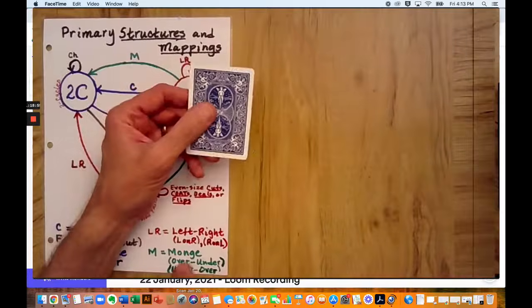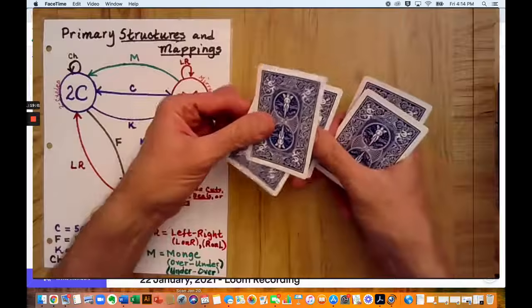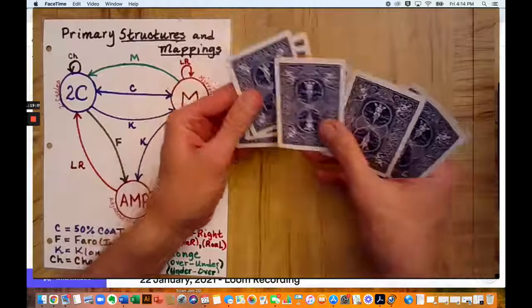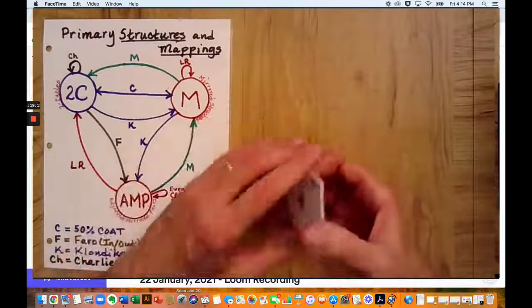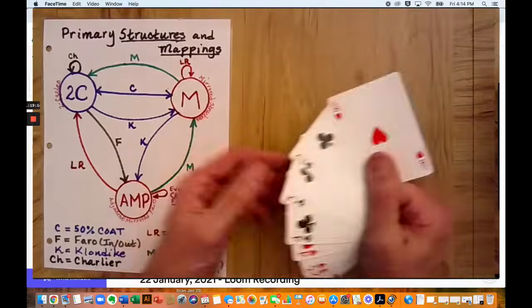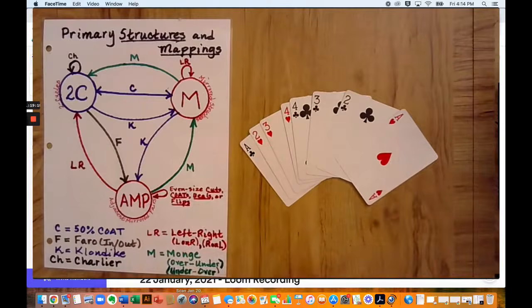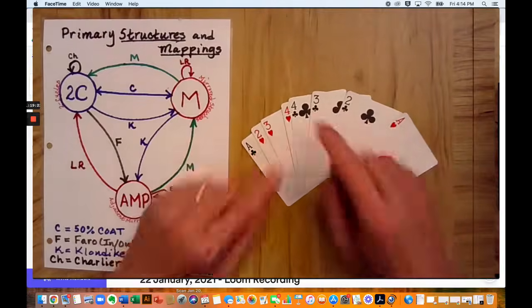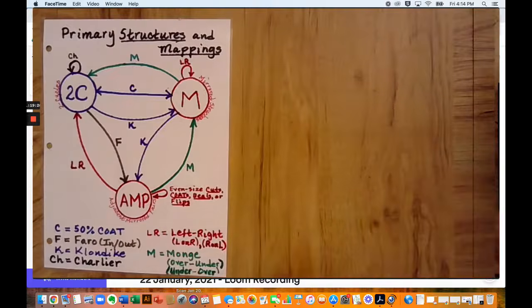Let's do over-under first. Then the next one goes over, under, over, under, over, under, over. That converts an AMP to a mirrored structure, guaranteed. So here we have mirrored again. And once again, it wouldn't matter if we had done under-over.